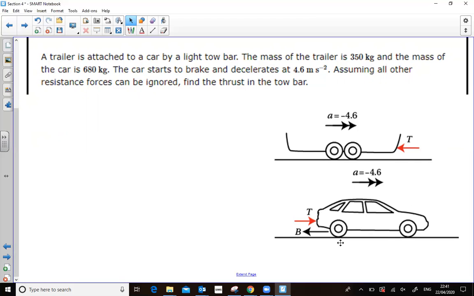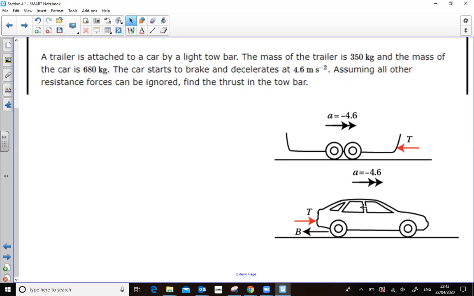And on the diagram here for the car, there will be a braking force acting on the car, and the thrust would go towards the car. Now, if you forget about the difference between tension and thrust, please go back to our previous chapter and review the examples on tension and thrust.